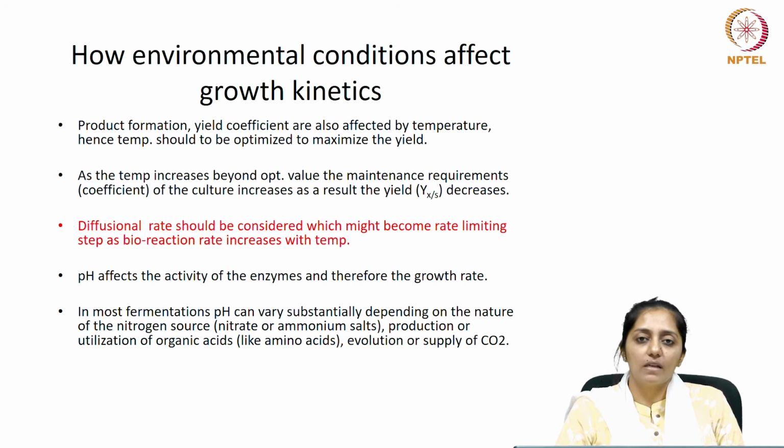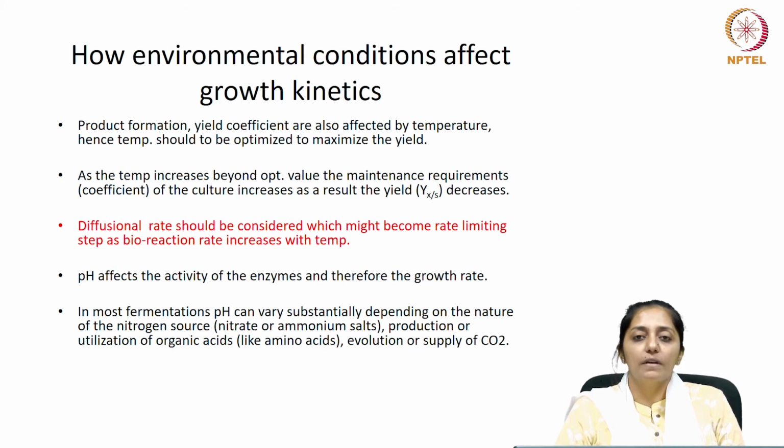If you remember, in the last class we talked about the different aspects in which the substrate gets consumed. It not only gets consumed for growth, but also for endogenous metabolism, which is a part of the maintenance energy. So when the maintenance requirements are high, a large amount of substrate is utilized for maintenance. So your net yield coefficient, which combines all these factors, the yield coefficient for growth, will start decreasing.